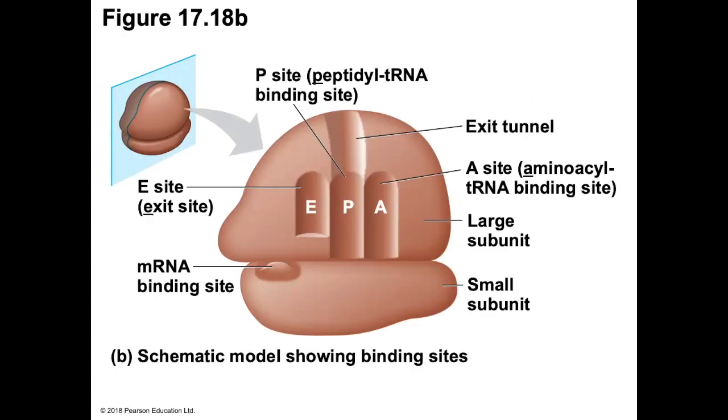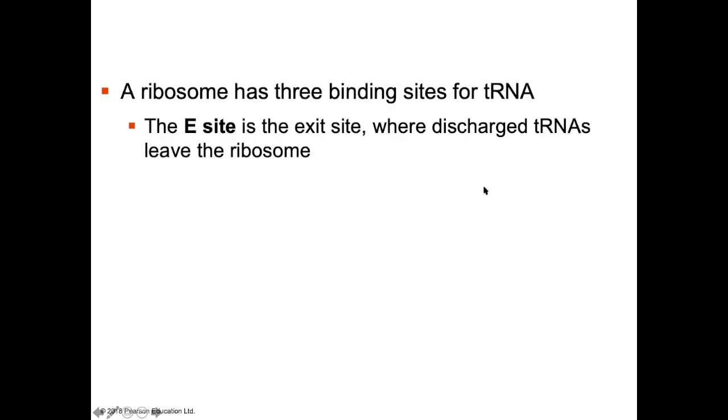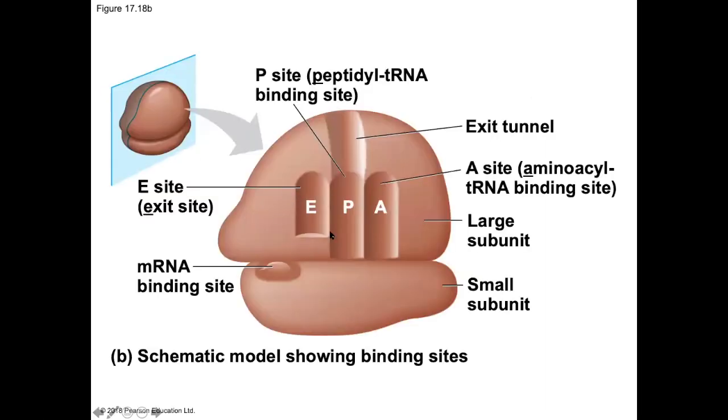So you have the P site, and then the next tRNA, which will supply the next amino acid, will be in the A site, which is the aminoacyl tRNA binding site. The next site is called the E site, wherein the tRNA leaves the ribosome. So this is the E site.